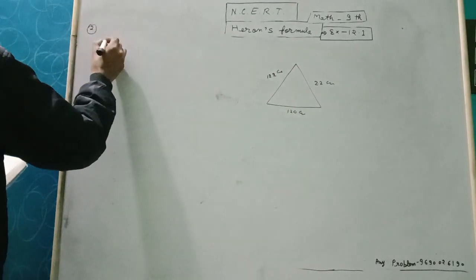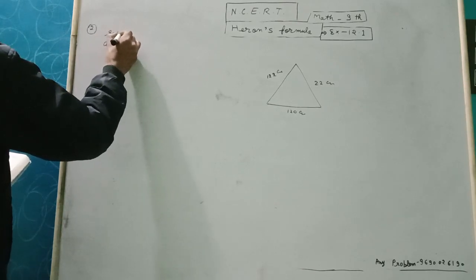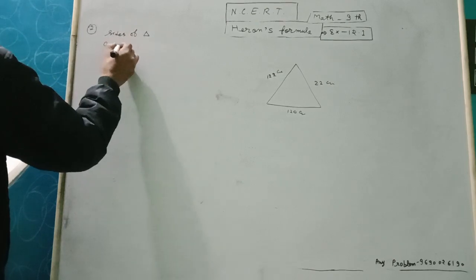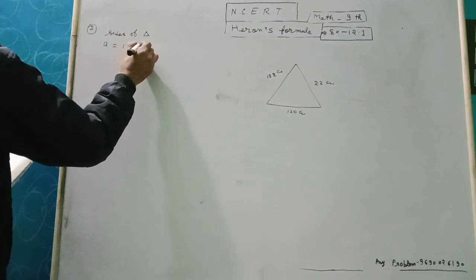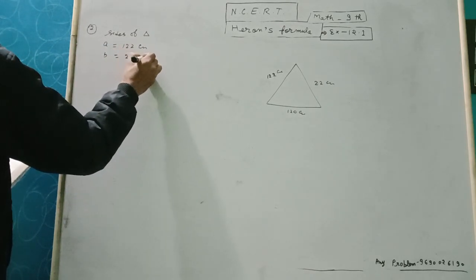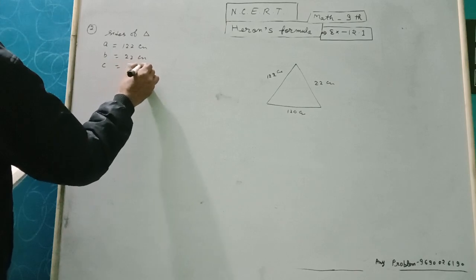Second question: the sides of the triangle. A is equal to 122 meter, B is equal to 22 meter, then C is equal to 120 meter.